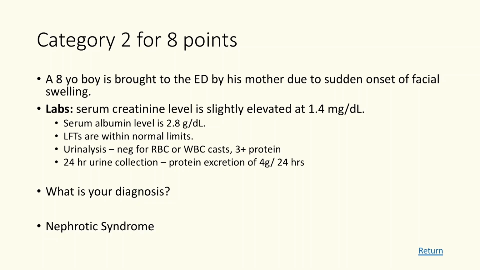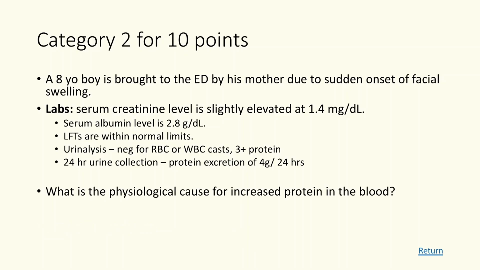So nephrotic diseases affect what? The podocytes. And they make bigger molecules like the proteins get through. And what's the cause for the increased protein in the blood? So we're losing protein in the urine, but now we have a compensation of high protein in the blood.